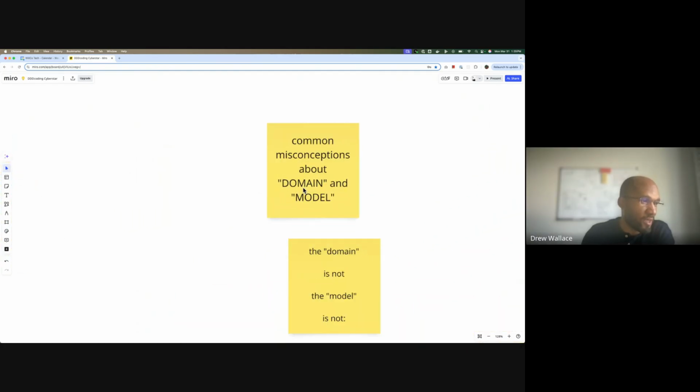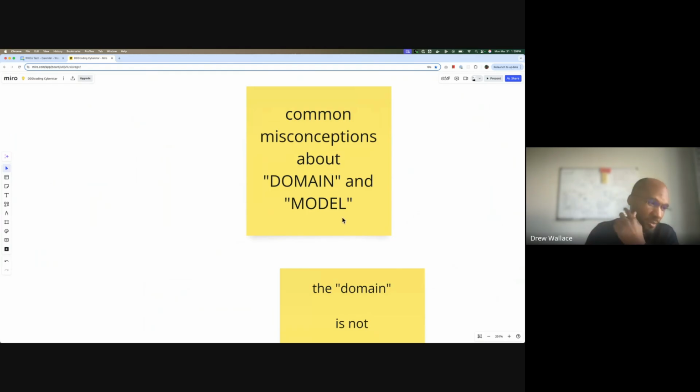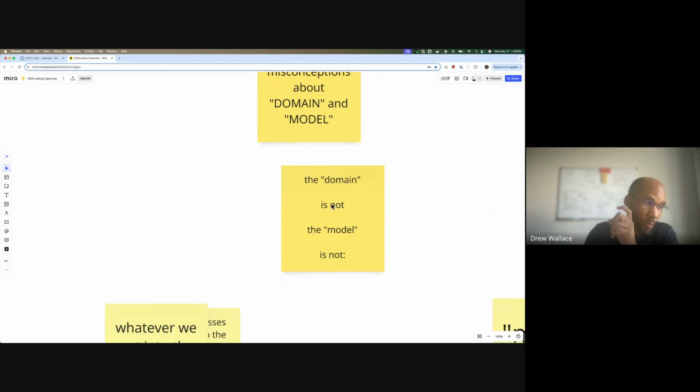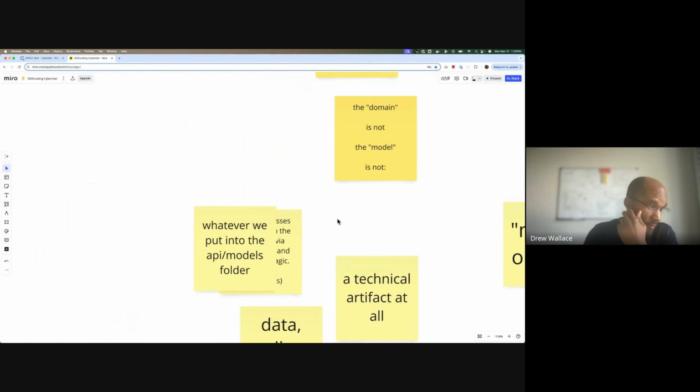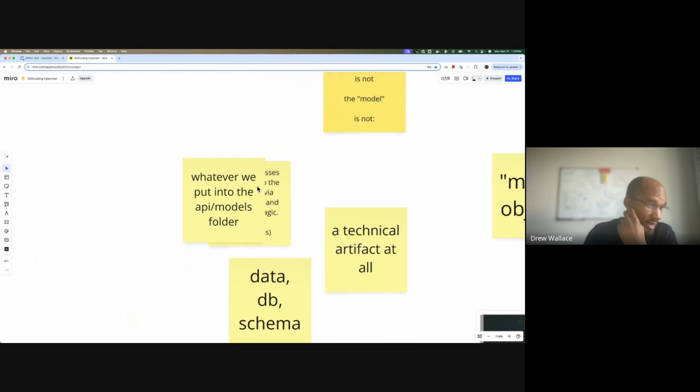All right. So let's go over some misconceptions about domain and model, because this comes up a lot. The domain is not the model. They're distinct things in DDD, domain and model. So they're not whatever we put into the APIs/models folder. I mean, they should be.